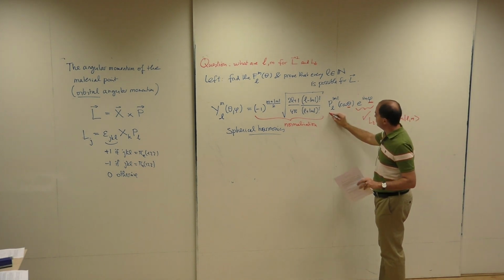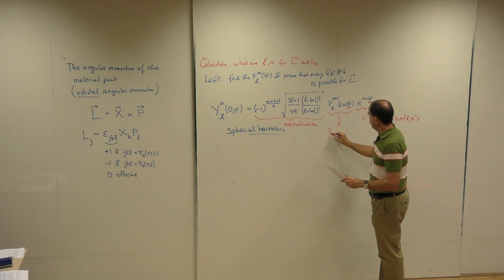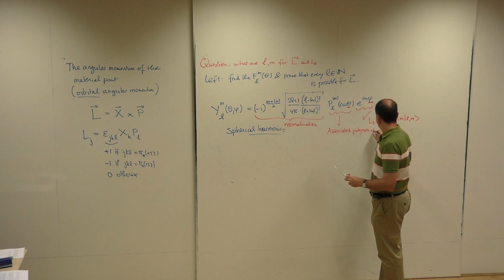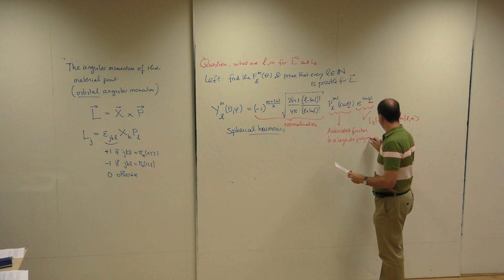The dependence on theta is a polynomial, and it's what is called the associated function to a Legendre polynomial.